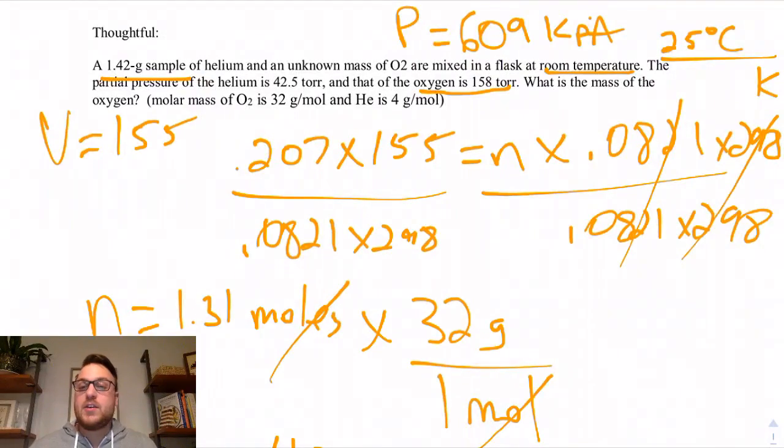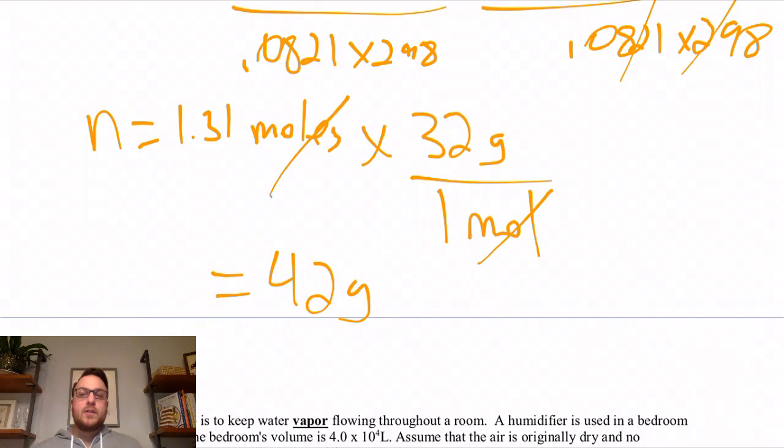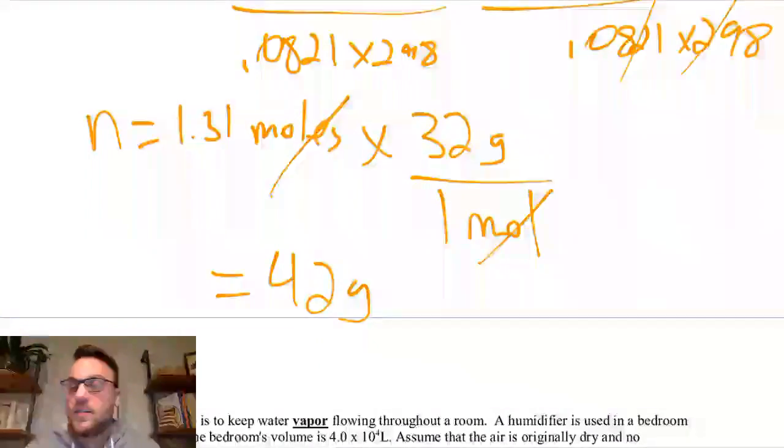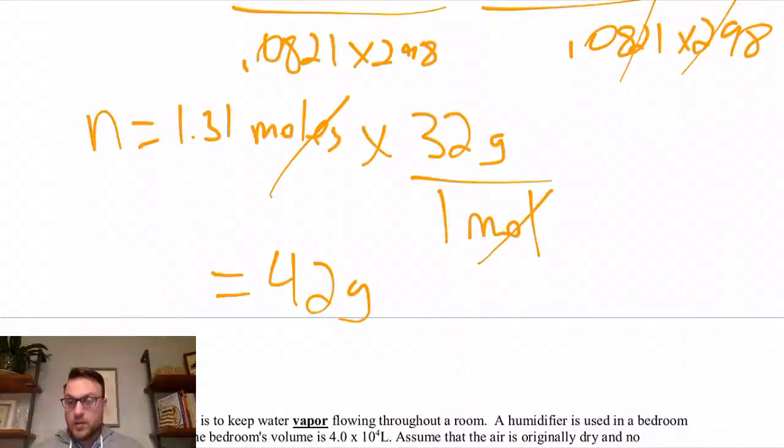You used PV=nRT once to get the volume from helium's information. You used it again to get the moles of your oxygen, and then you multiply that by the mass of oxygen, because we all know, based on the periodic table, how much 1 mole weighs.